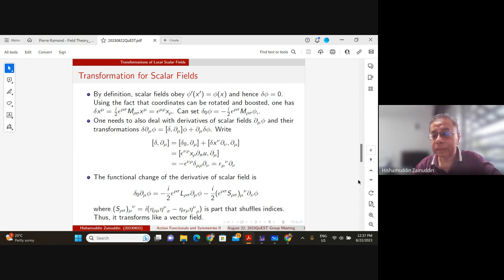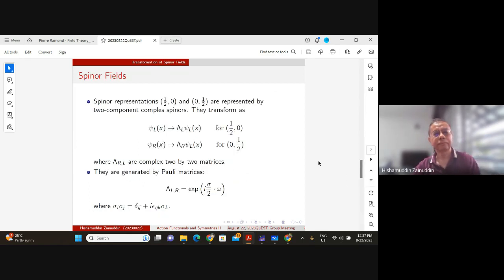Okay, I think now we have to go to the spinor setting. So this part I may have to go to the whiteboard.